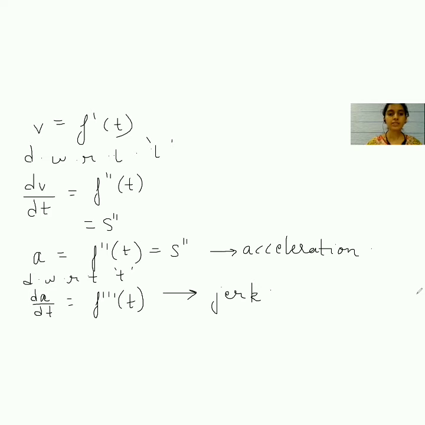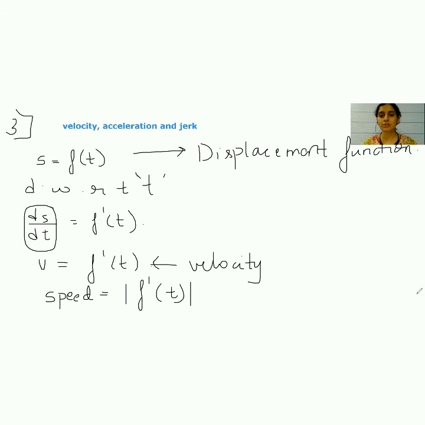Here we covered three terms: velocity, acceleration, and jerk, from the displacement function s equal to f of t. The first derivative gives you velocity, the second derivative gives you acceleration, and the third derivative gives you jerk.